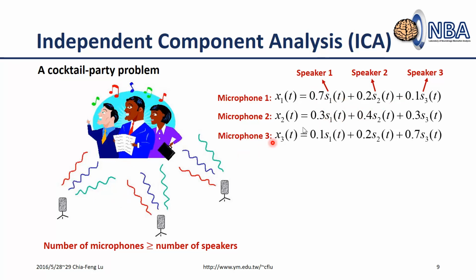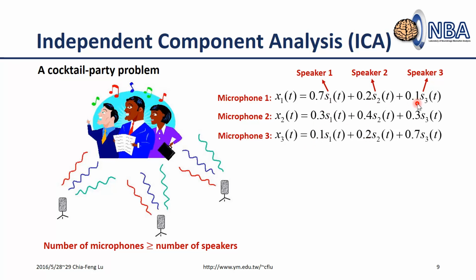By using distance as weighting, you cannot reconstruct a very good source signal here. So now the problem is that the only known measurement is on the left-hand side. However, for the right-hand side, the 9 different parameters and the 3 different source signals are unknown.